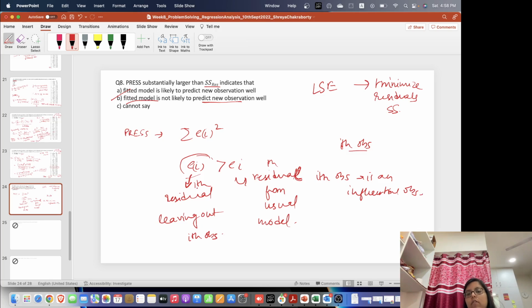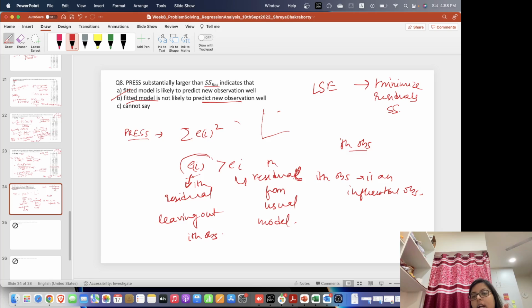So if there are more influential observations here, then automatically the PRESS statistic would become higher because it's a squared term. Okay, so if this is greater than this one, its square will also be greater. So as a consequence the PRESS statistic would also be greater, and then the fitted model that we have is not likely to predict new observations well, because the fitted model with all observations is not following the usual trend.